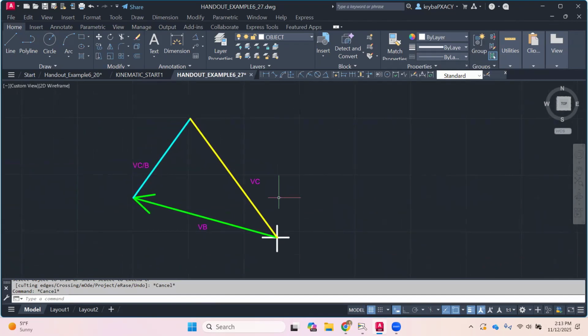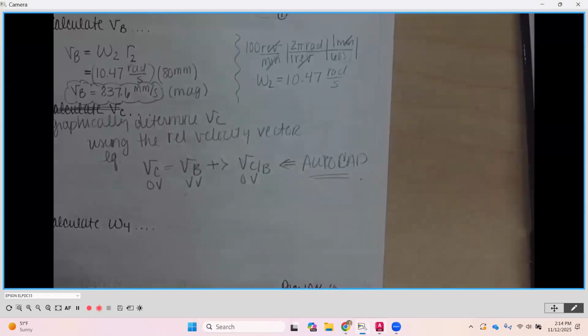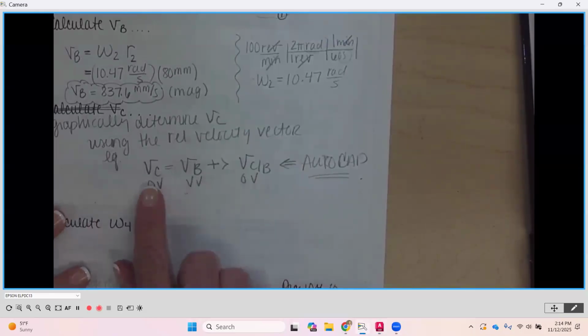So you should end up with something that looks like this. I don't have arrowheads yet, but we'll determine that in just a little bit. So velocity of B at its endpoint is C relative to B, and then velocity of C is starting back at the origin out to where it intersects C relative to B.